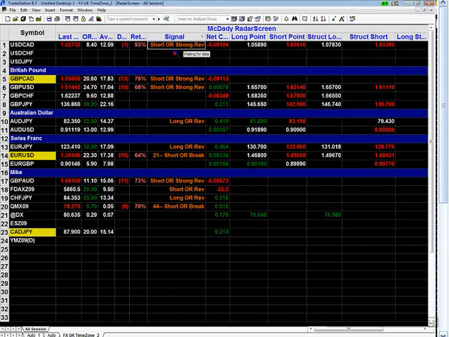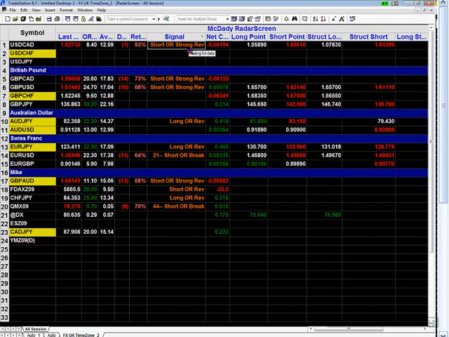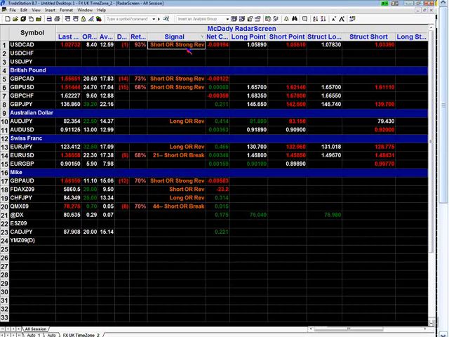For example, the dollar CAD, you see here I have a strong reversal. This means that the market has been going in one direction, it has turned around, and it is now giving me a strong reversal. These strong reversals are quite a strong setup that we need to be looking at, because they usually get some follow through in the following session.